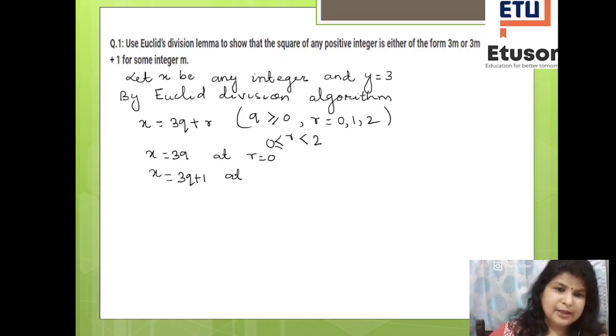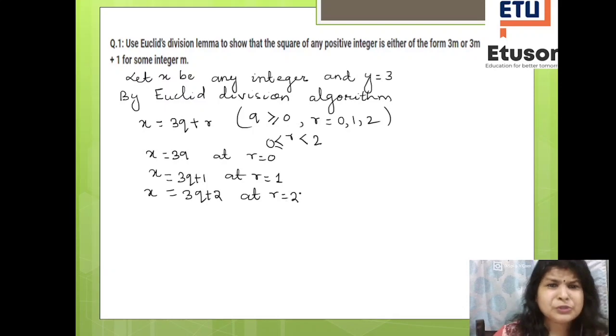Correct? Similarly, it is equal to 3q plus 2 where your r is equal to 2. Correct children? So now according to the question, you have to show that the square of the positive integer is of that form.